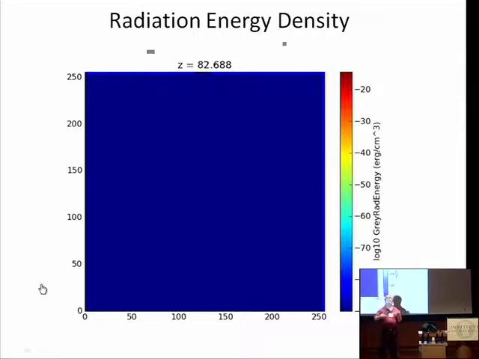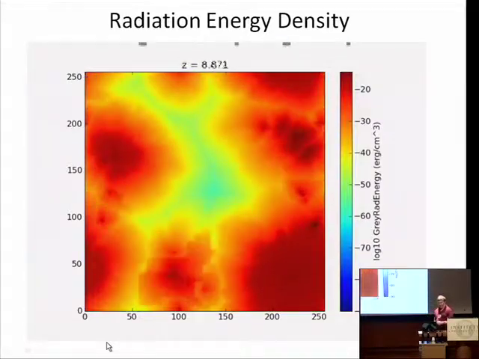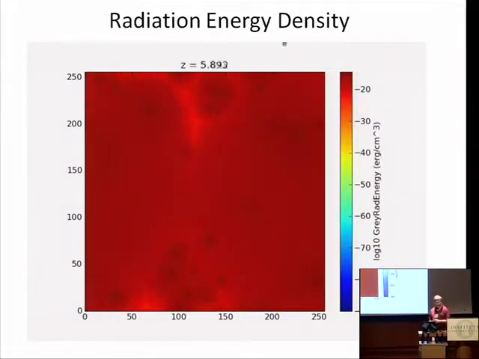So every frame, we basically have enough time for light to go across the box. And so you're going to see radiation just go everywhere. And by the ending redshift, the radiation is everywhere, which is what an ionized universe looks like.